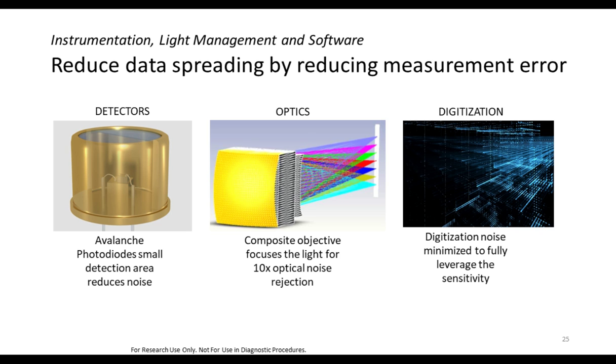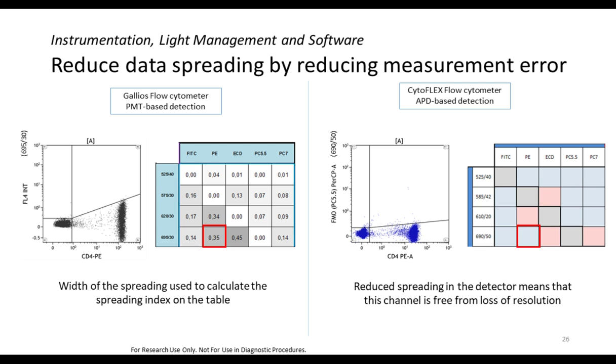And so it's a composite objective that accomplishes this. Thirdly, we need to think about the electronic noise. So there are controls put into place that help to reduce the noise from the digitization of the signals. And hence that is the way that signal is then translated into the way we visualize it within the software.